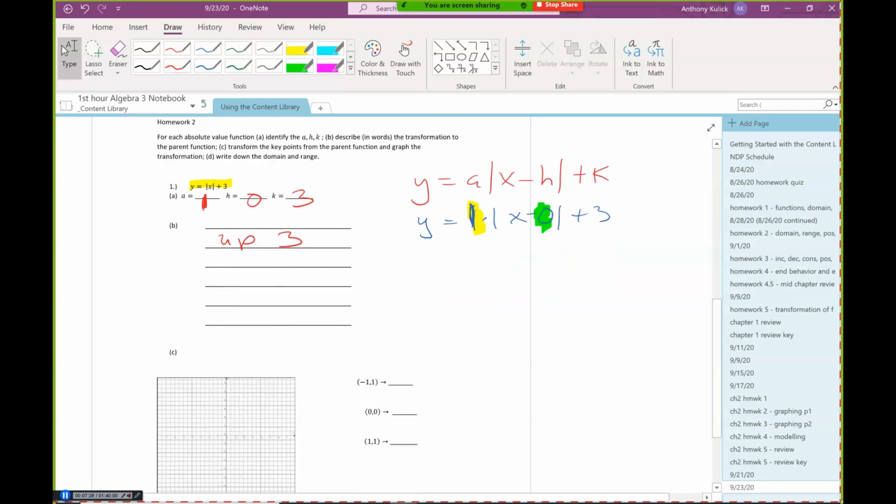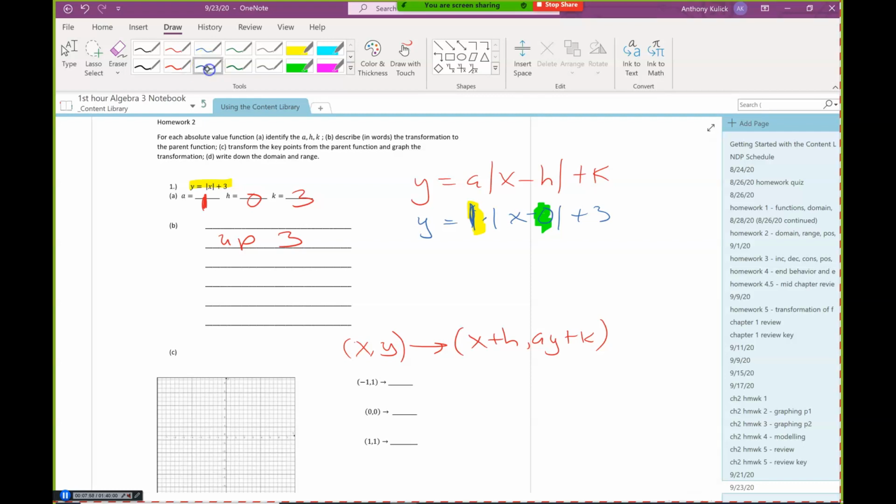Everybody okay there? Okay. Now to do my transformation, I'm going to use my transformation map. The same one we used last chapter, except here I don't have a value for B. We talked about how with absolute values, you don't need to use a B because we can just represent those transformations with the A or the H or whatever.